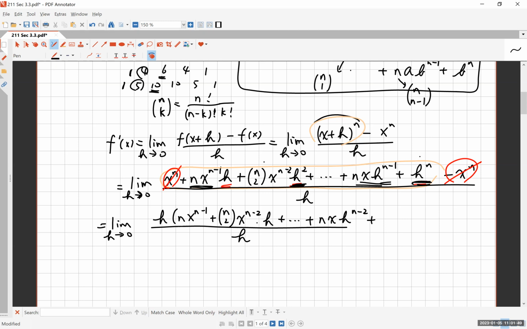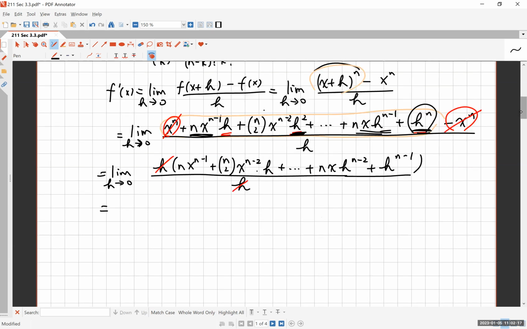H to the nth power means h multiplied together n times. I am factoring out one of those h's. So h to the n becomes h to the n minus 1. Close parentheses. Wonderful. The bad person has been eliminated. Okay, I couldn't just plug in h equal to 0 because of the 0 denominator that it would have produced. But now that the h in the denominator is gone, this is what you see.